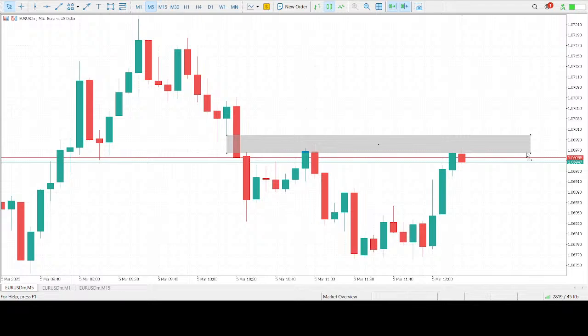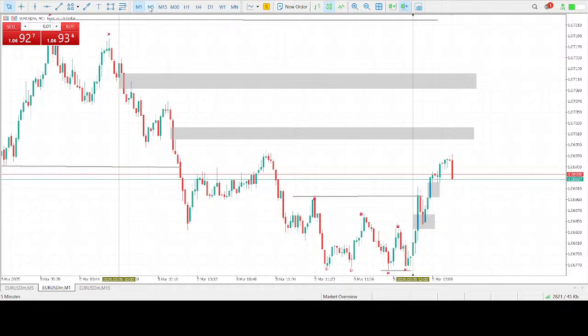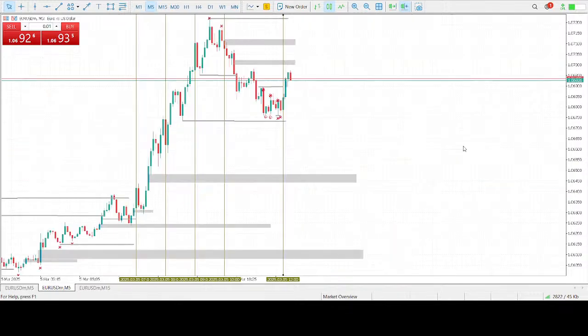I don't know whether it's the same fair value gap that we are considering. Yes, it is actually the one we are looking out for, the one just above here. It's one of the ones that we are looking out to be filled.